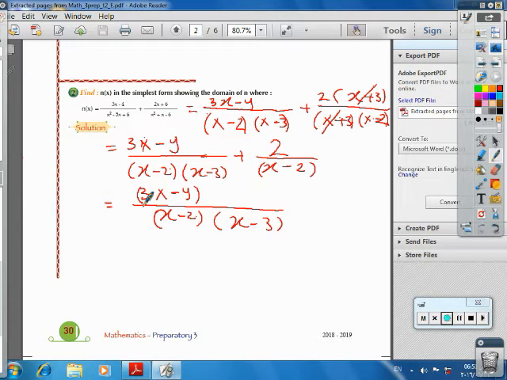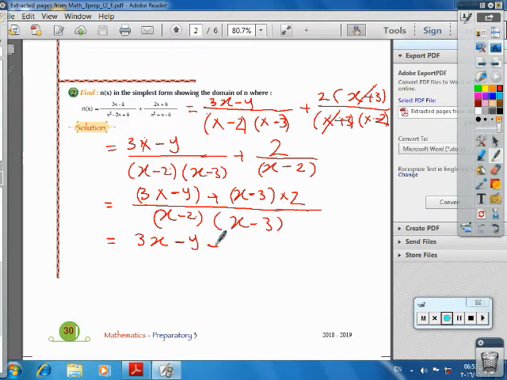(3x − 4) plus (x − 3) times 2 over (x − 2)(x − 3). Now we can solve: 2 times x equals 2x, and 2 times negative 3 equals negative 6.